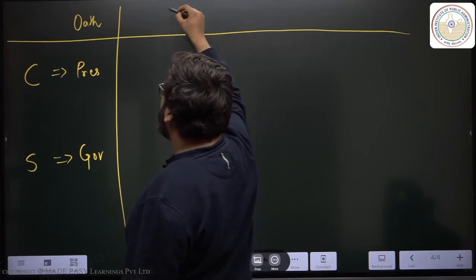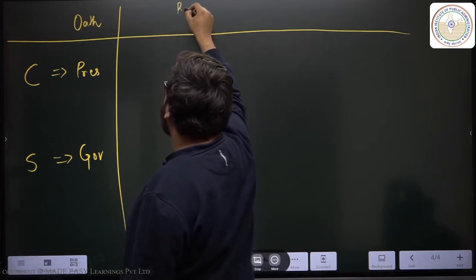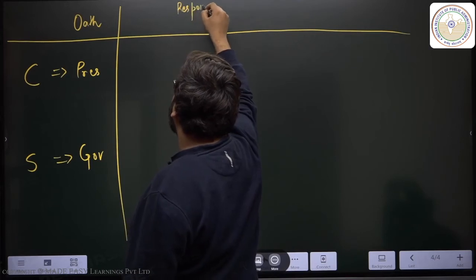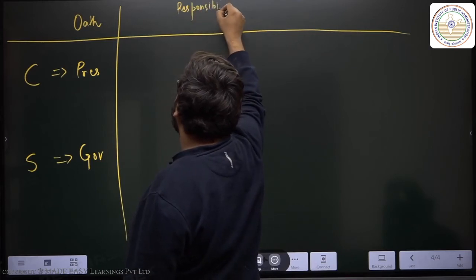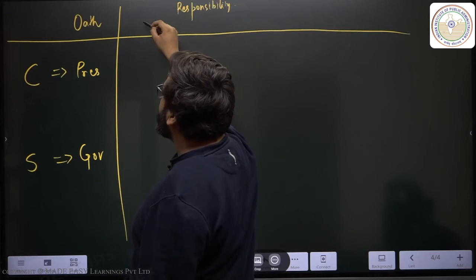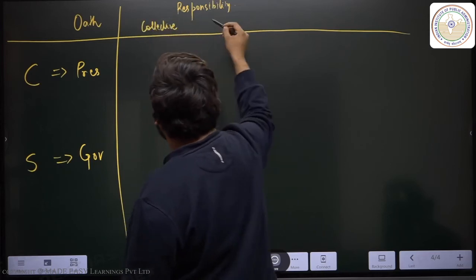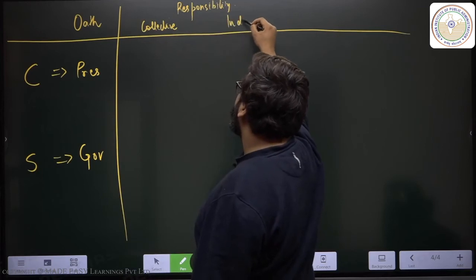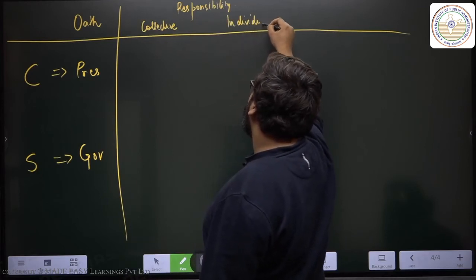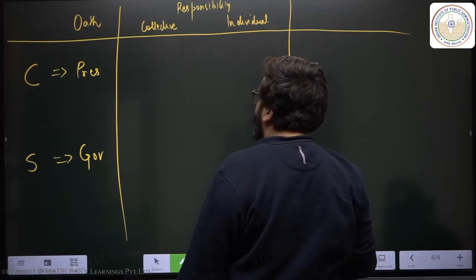We're now going to talk about responsibility. Now, there are two kinds of responsibility. One is a collective responsibility, and the other is an individual responsibility. Now, both of these mean very different things.